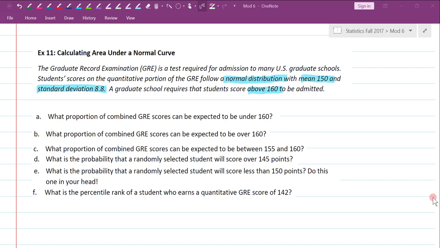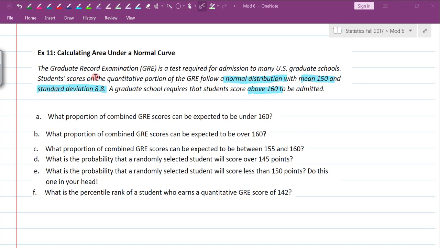We're picking up on our next video where we left off, working with the standard normal distribution. And our problem here says the graduate record exam, the GRE, is a test required for admission at many U.S. graduate schools.